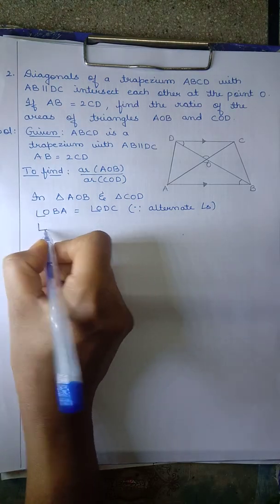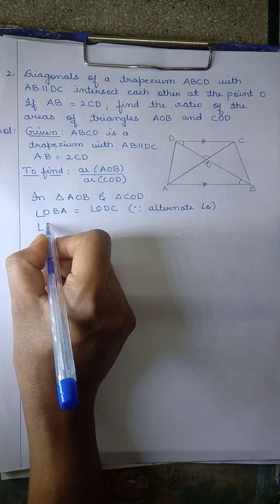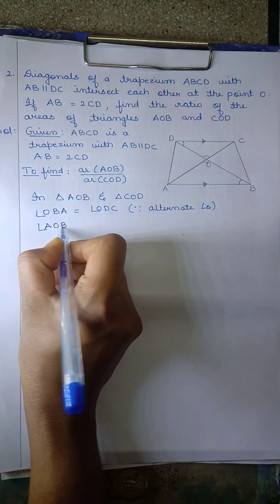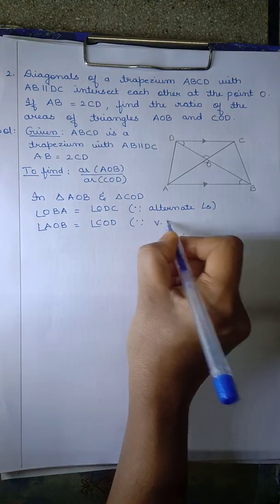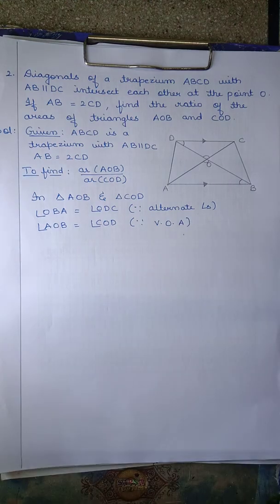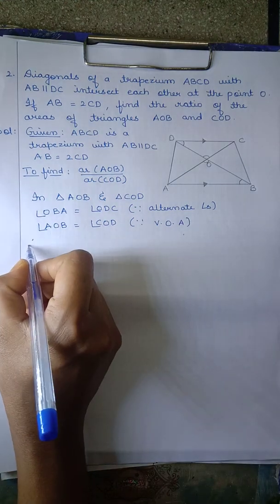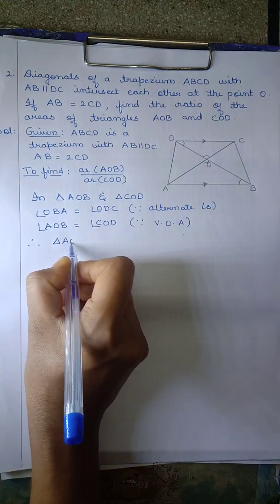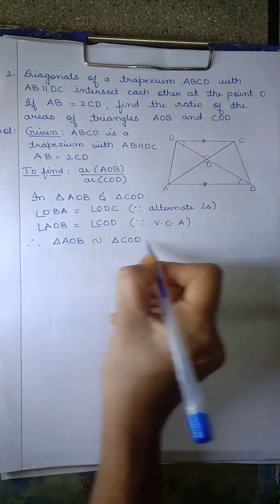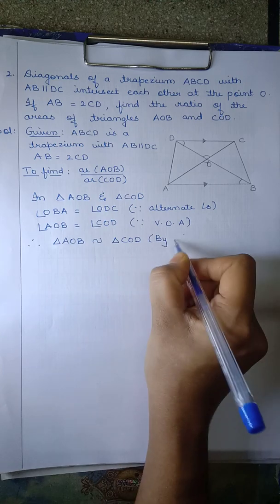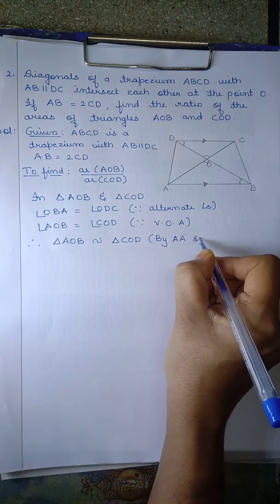Then next, angle AOB is equal to angle COD because vertically opposite angles. Therefore triangle AOB is similar to triangle COD by AA similarity.